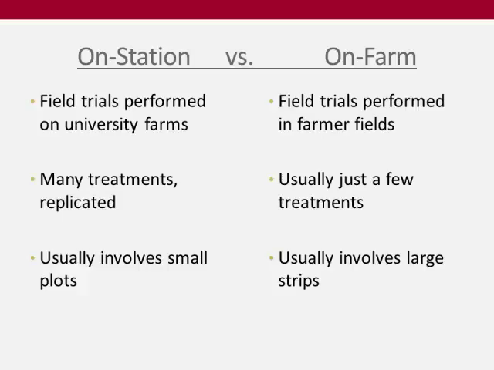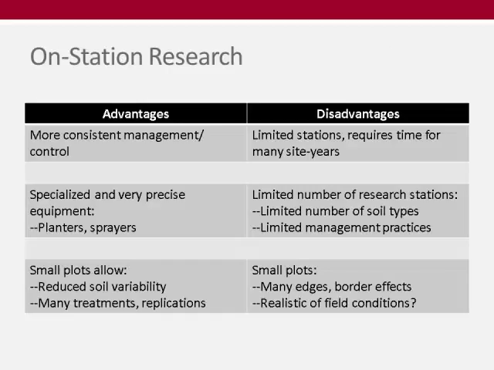And of course, because we're scaling, we don't have fancy small little 2-row combines. We've got larger field scale equipment, so typically the area of those plots or those test strips is going to be bigger, right?